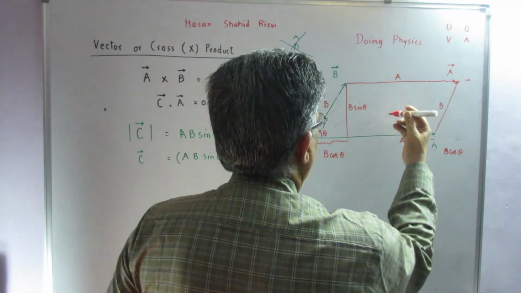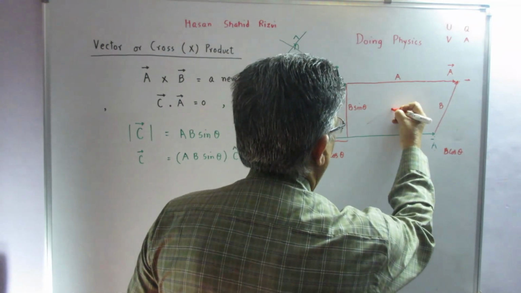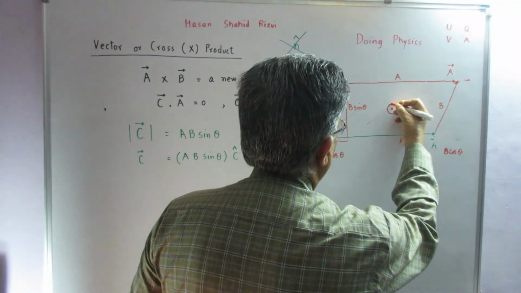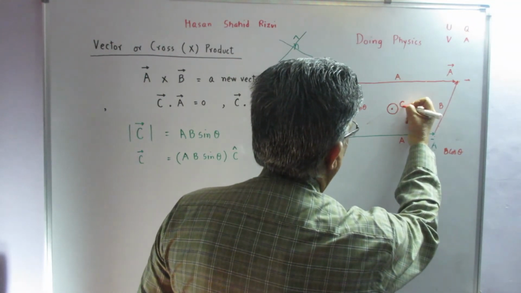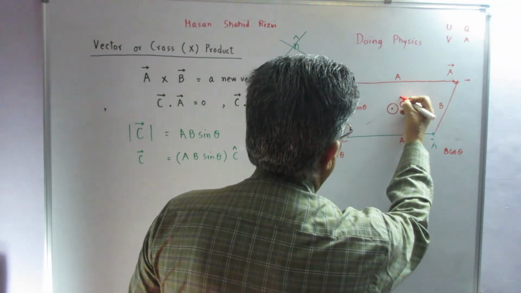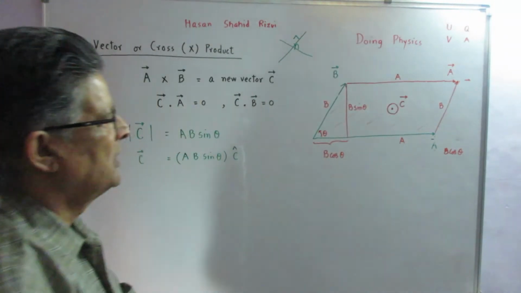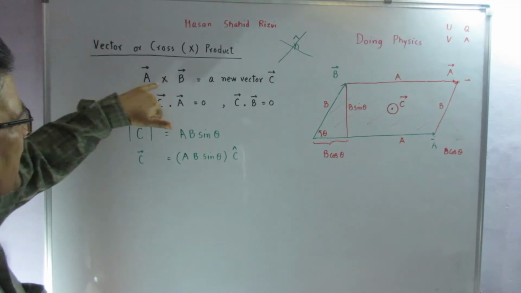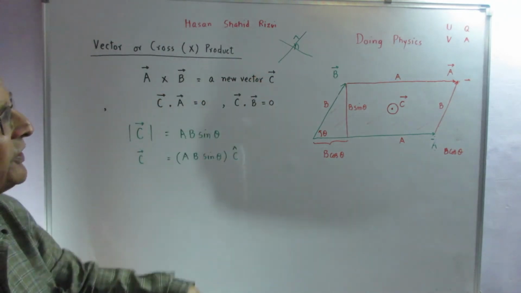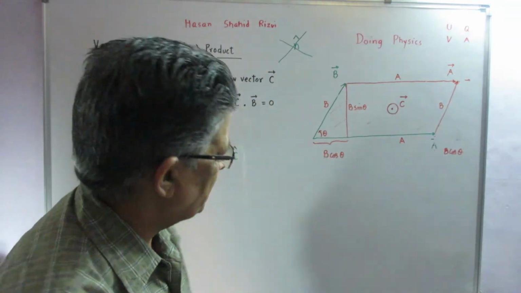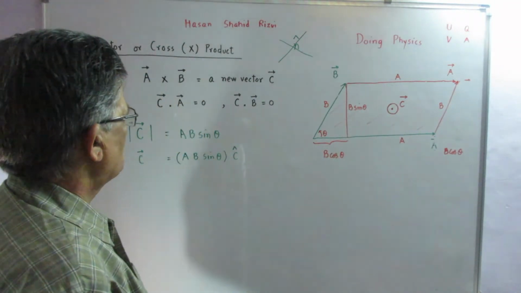So I can have the vector C with this area. The new vector, the product of the two vectors A cross B, the new vector C, points out of the board like this. Okay, so this is one point.